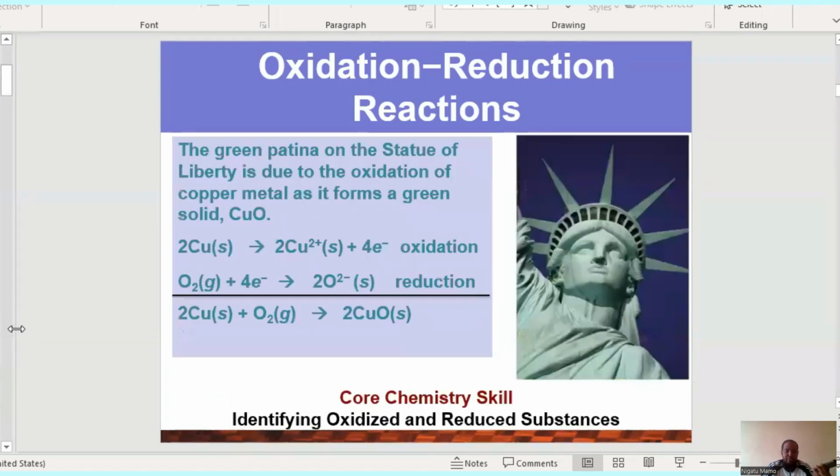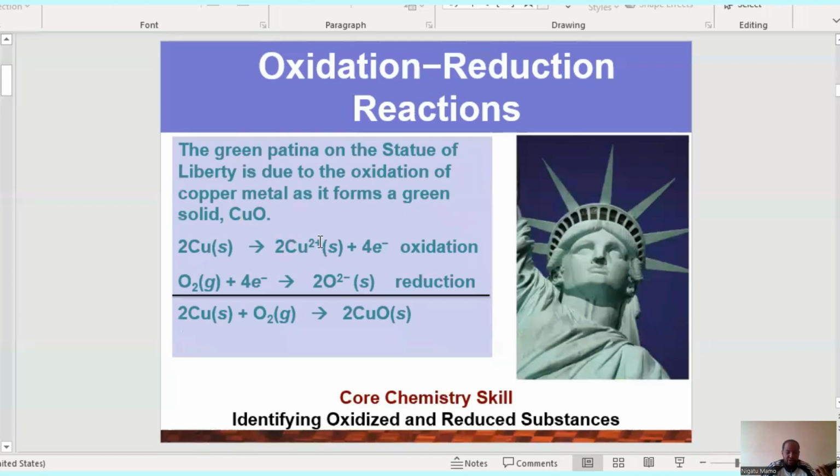The second example is the green patina on the Statue of Liberty, which is due to the oxidation of copper metal as it forms a green solid, copper oxide. This is the chemical reaction on the Statue of Liberty. Solid copper loses 2 electrons, and it forms Cu2+.